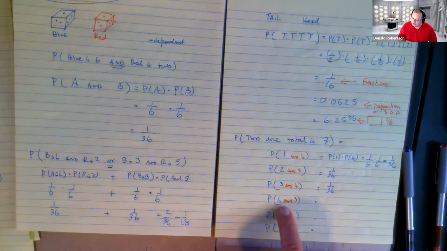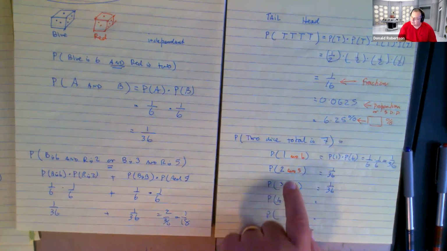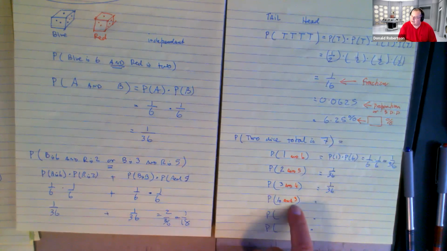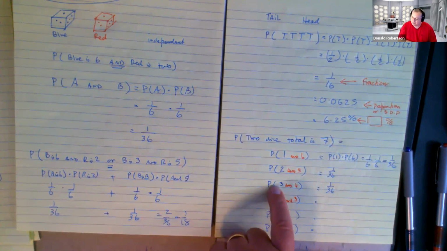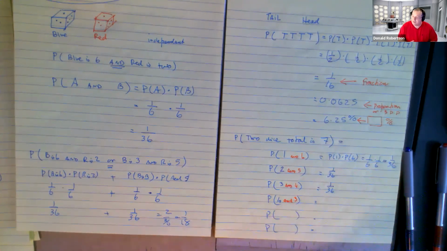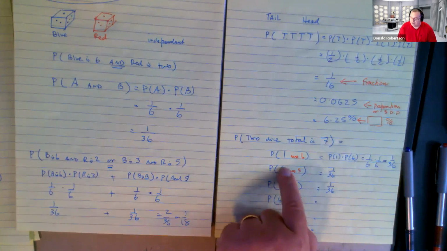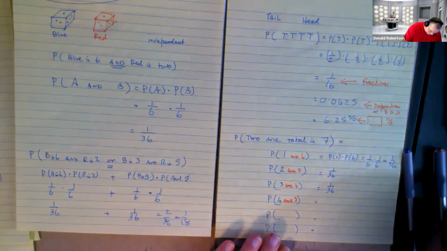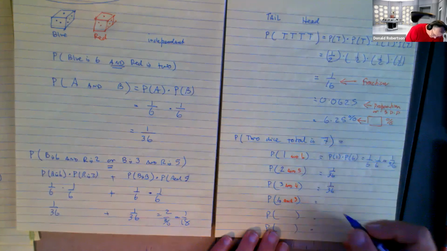So those count as separate. You see that? Separate events. Does the color help you distinguish that 3 and 4 is not the same as 4 and 3? Right. A blue 3 and a red 4 is not the same as a blue 4 with a red 3. They both add up to 7, but they are different ways for it to happen. But it's also 1/36.